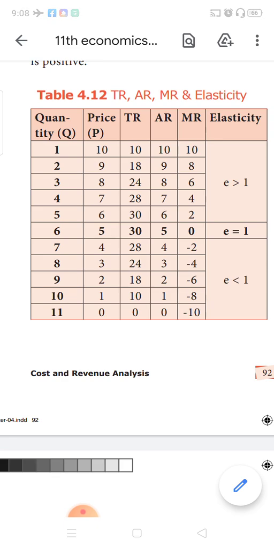Now, when TR is at the maximum, that is 30, where MR is 0, the elasticity will be equal to 1. Now again, when TR is declining, where the marginal revenue is negative, then the elasticity of demand will be lesser than 1.